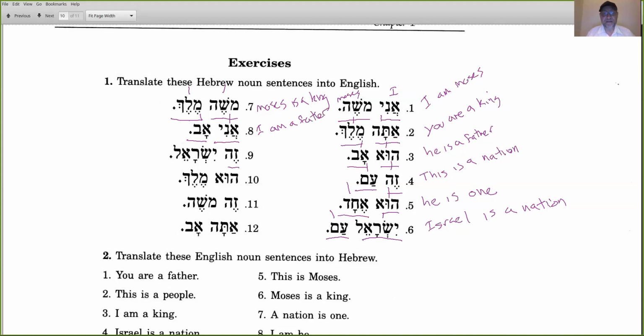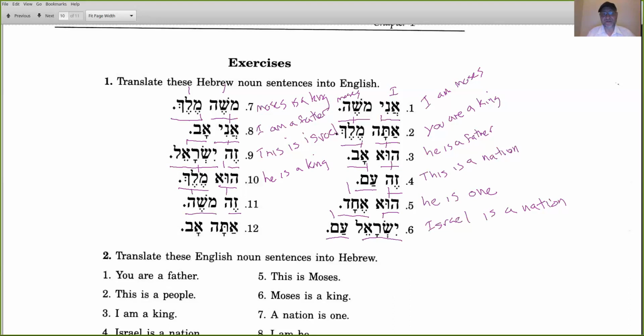Number 9, Ze Yisrael. This Israel. This is Israel. Number 10, Hu Melech. He king. In proper English, he is a king. Number 11, Ze Moshe.